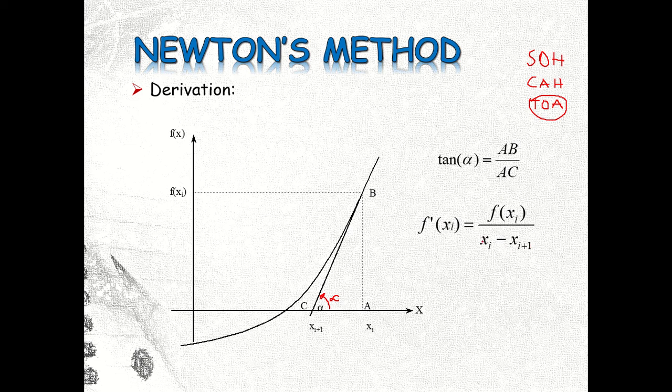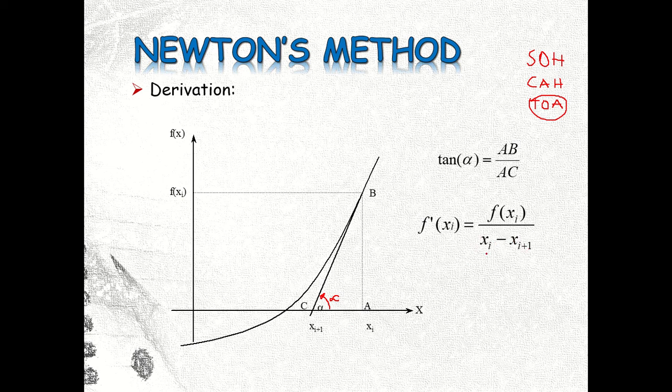Where is this coming from? This is coming from f of x sub i, the height of the function at this point. So this is the height, f of x sub i. And then x sub i minus x sub i plus 1.